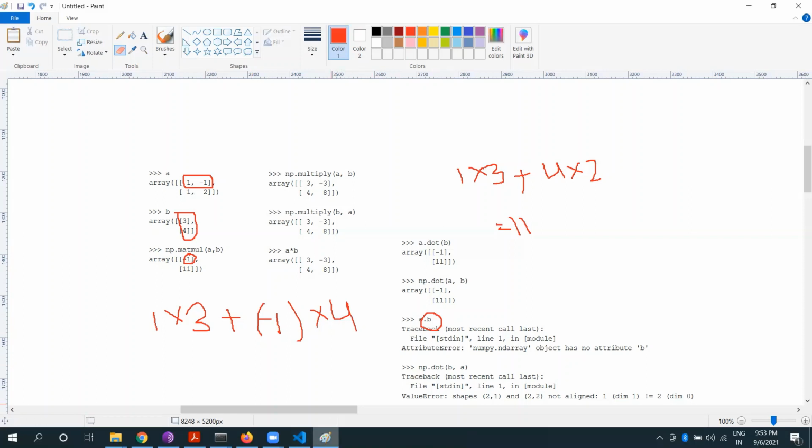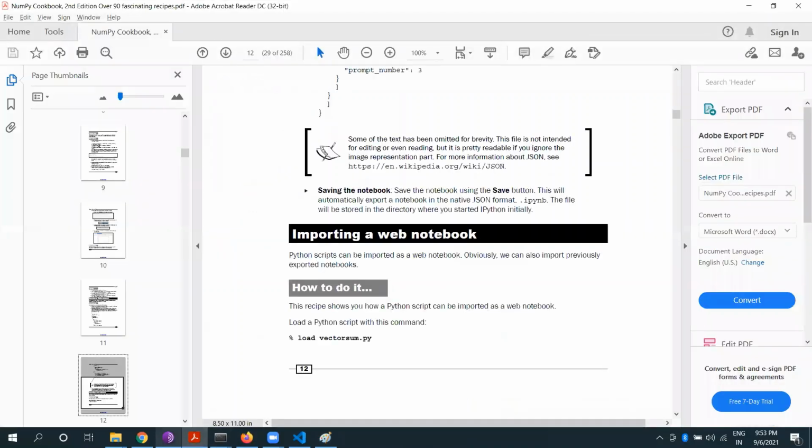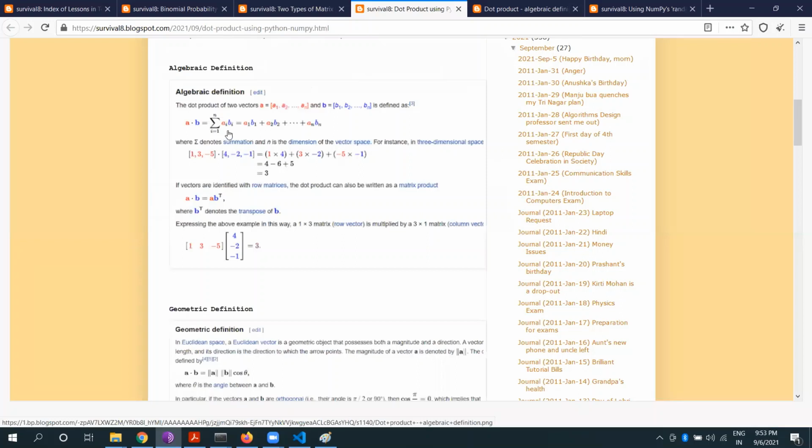As for the definition of dot product, matrix multiplication we already know, and for dot product, we see over here that A dot B equals A B transpose. So when we see A dot B, it's basically multiplication of matrix A by B transpose. And matrix multiplication is done this way only.